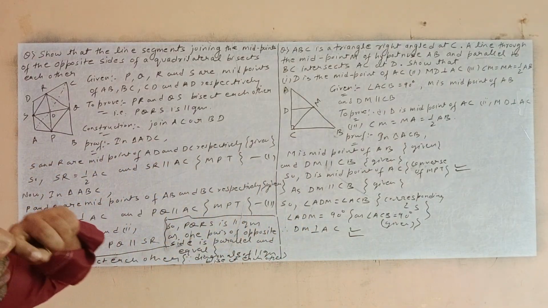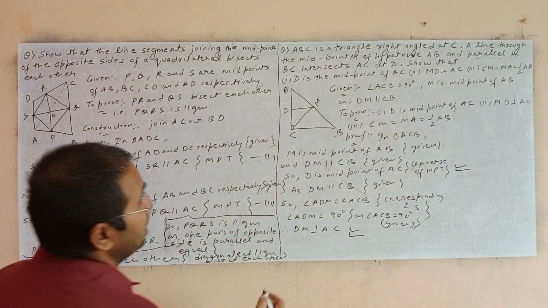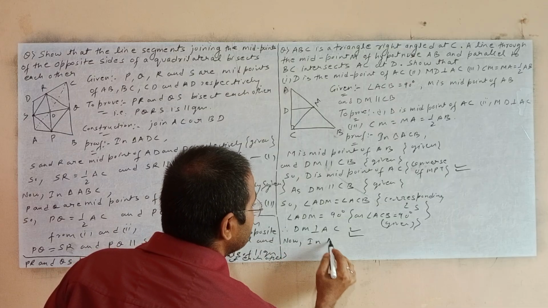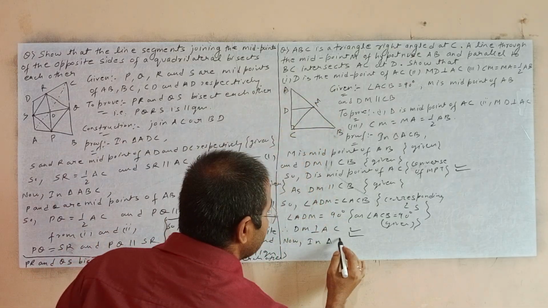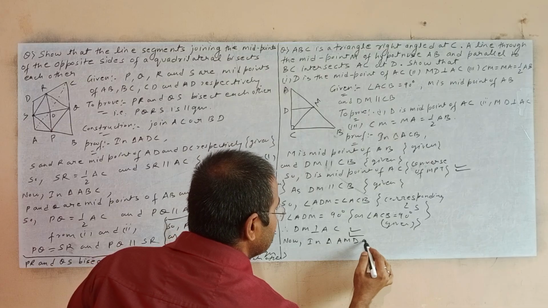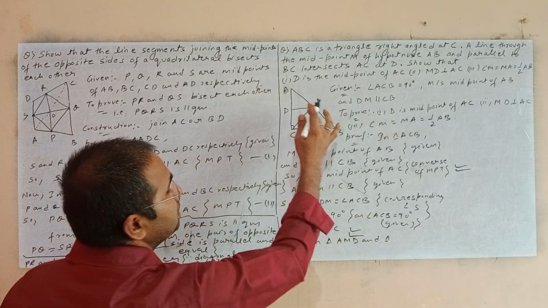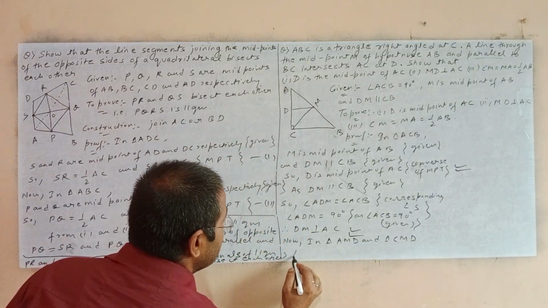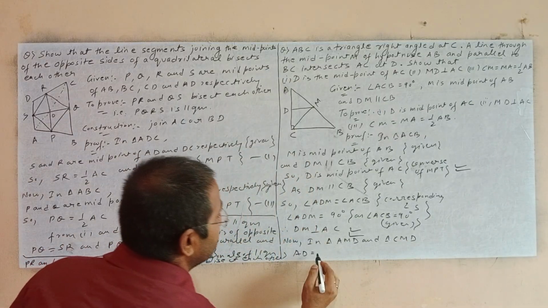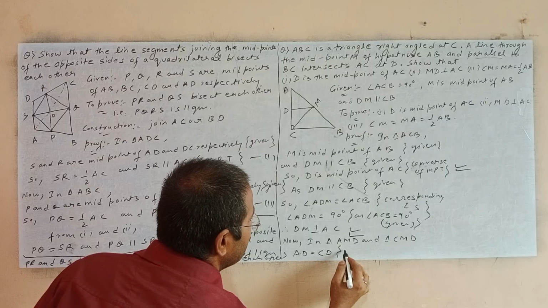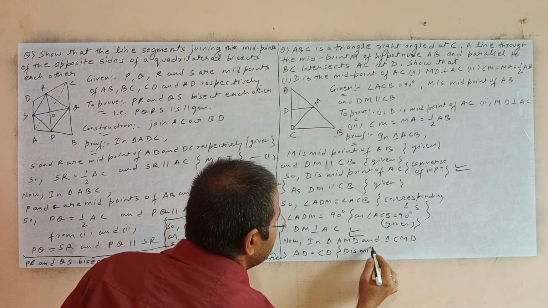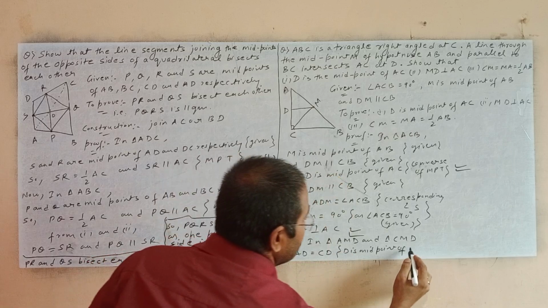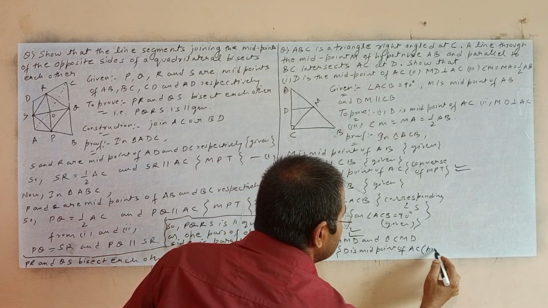Now you have to prove CM is equal to MA. So now in triangle AMD and triangle CMD, what will you write? AD is equal to CD. Why? D is midpoint of AC, proved above.